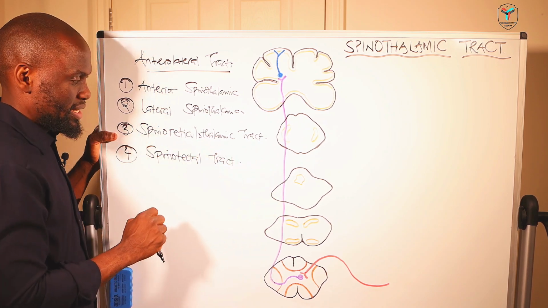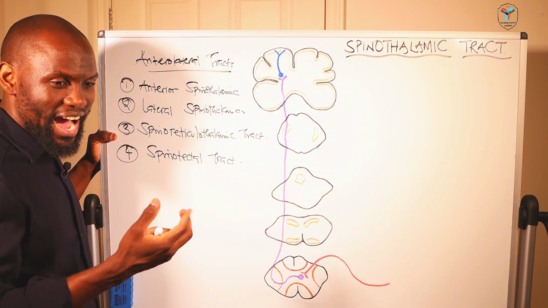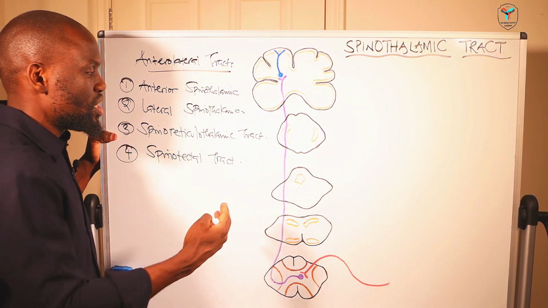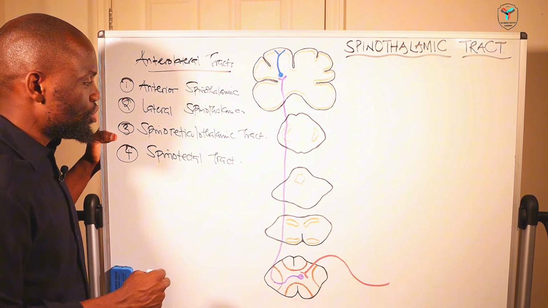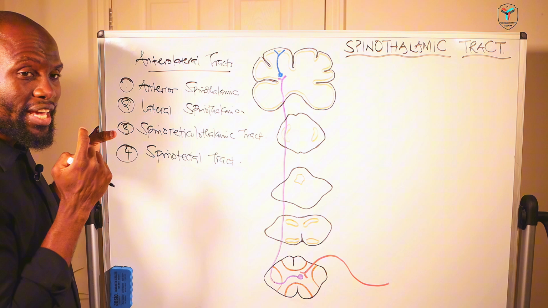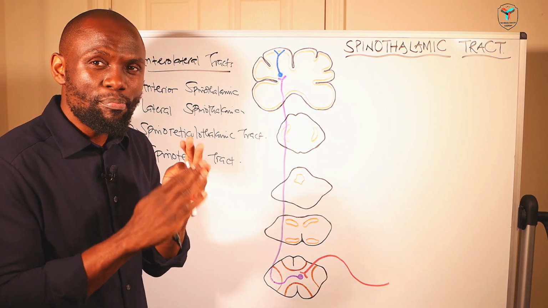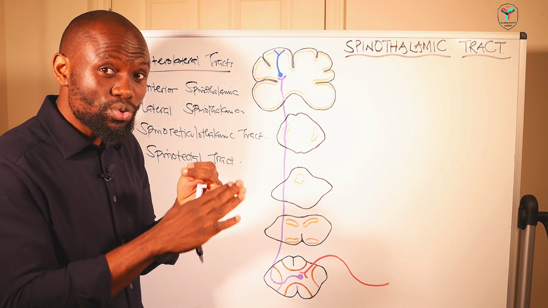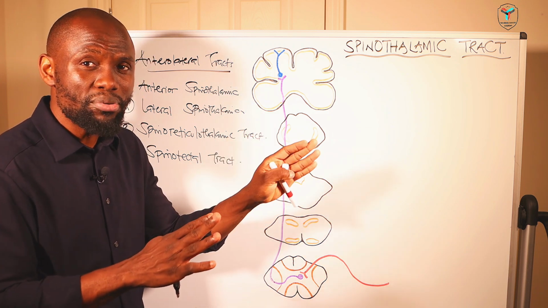The spinoreticulothalamic tract, this is the one that then keeps you alert and well aroused to whatever stimuli you will be stimulated to look at. Now, we know that the spinothalamic tract here is going to allow us to have sensation of pain, to have sensation of crude touch or pressure, and to have sensation also for temperatures.